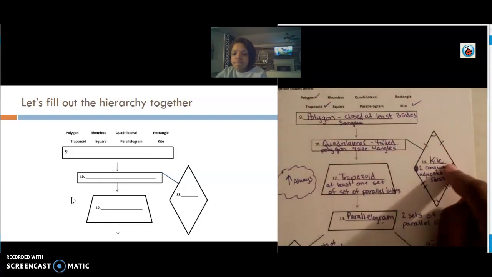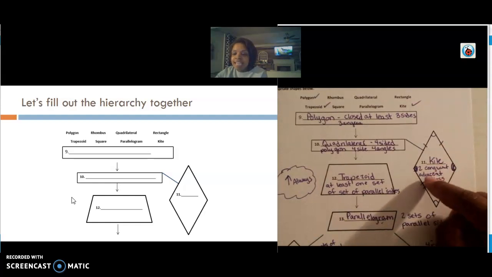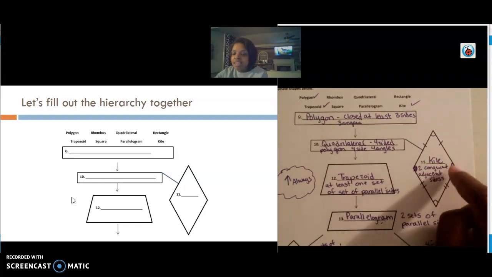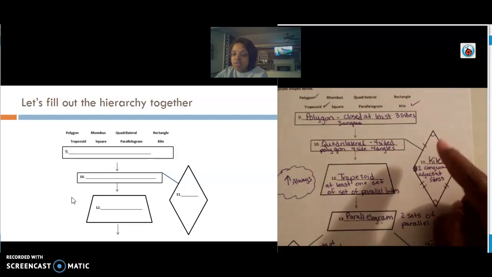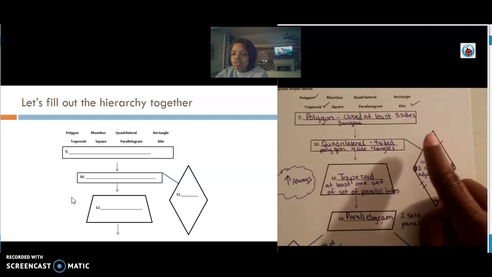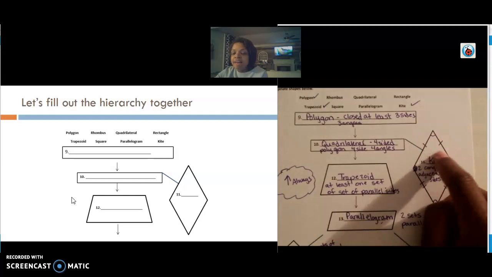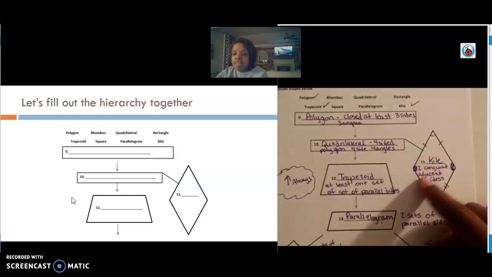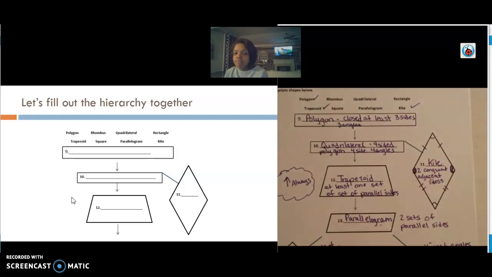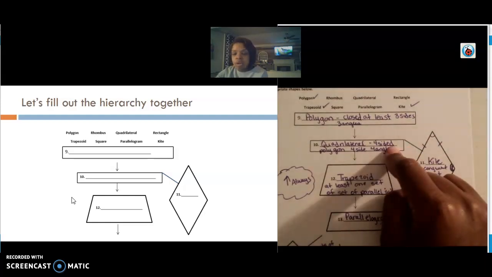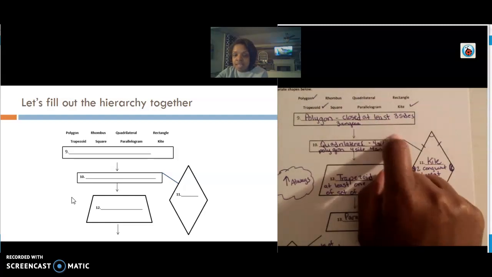One specific type is called a kite, and a kite has 2 congruent adjacent sides and opposite congruent angles, okay? So notice I have tick marks here to represent that these 2 that are adjacent, which means they're right next to each other, joining, have congruent sides. And these 2 have congruent sides as well, okay? So that's a kite, it is a quadrilateral, and it is a polygon, okay?